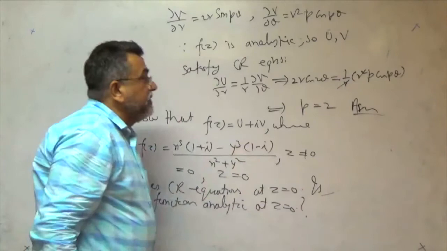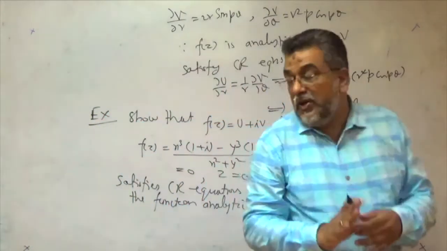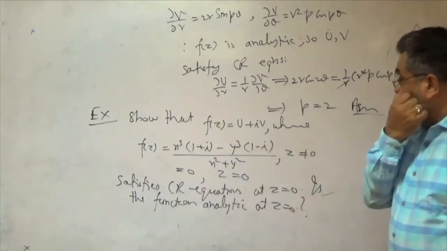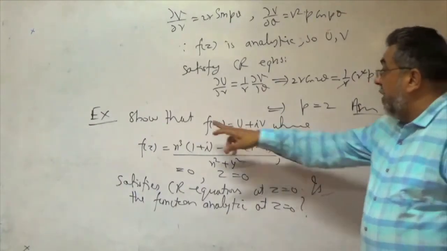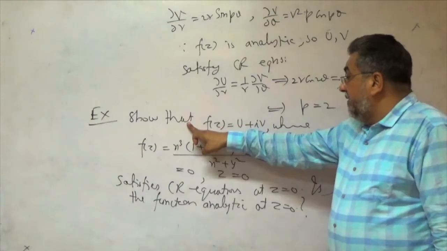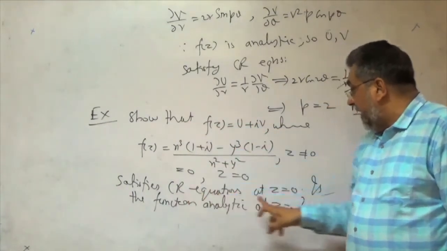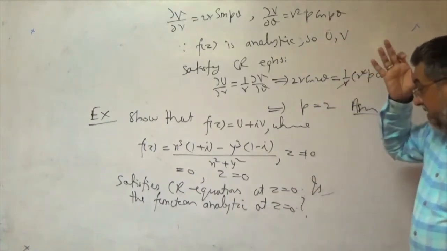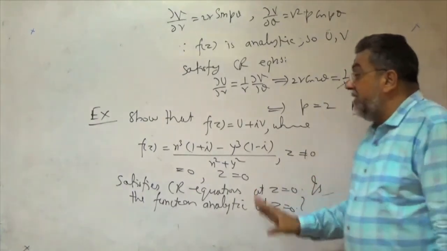Justify your answer. This is a function of two variables in complex form, in Cartesian form, and first you have to show that this function satisfies the CR equation at the particular point z = 0, and then the question is, okay, is the function analytic at z = 0?